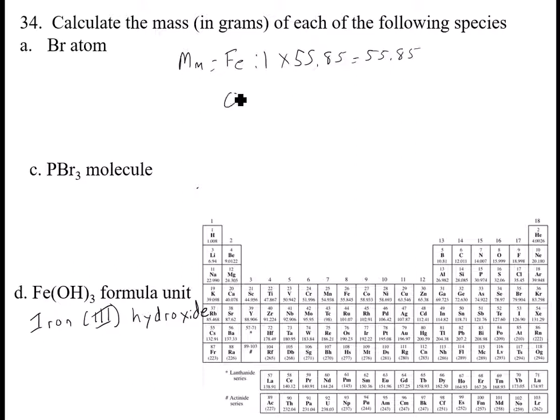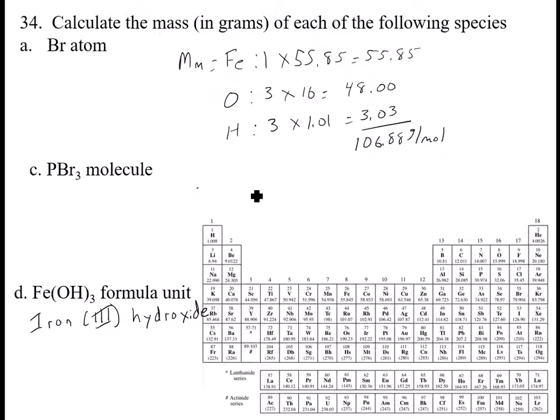For oxygen, it's 3, because, yes, each hydroxide has 1, but with the 3 there, I have to use 3. 3 times 16 is 48. And hydrogen, there's also 3 of those, times 1.01 gives me 3.03. So I add those together, and I get 106.88, and that's in grams per mole.